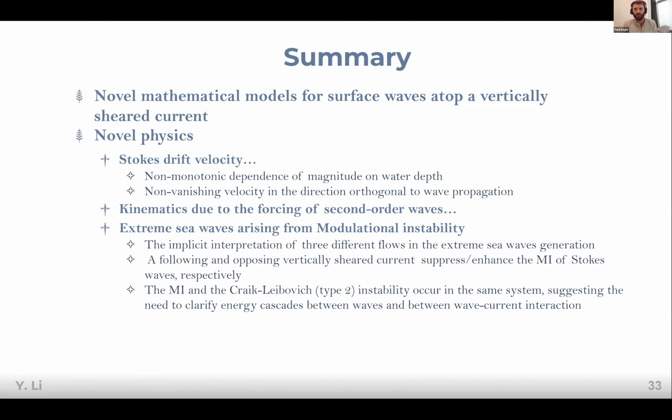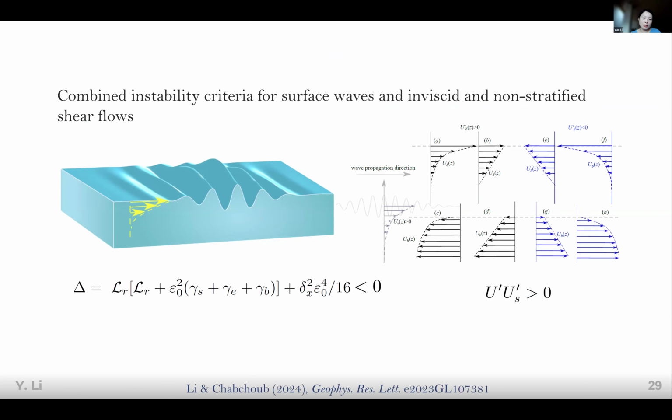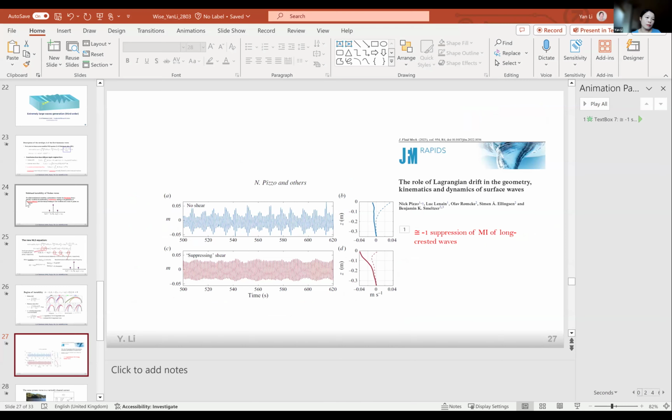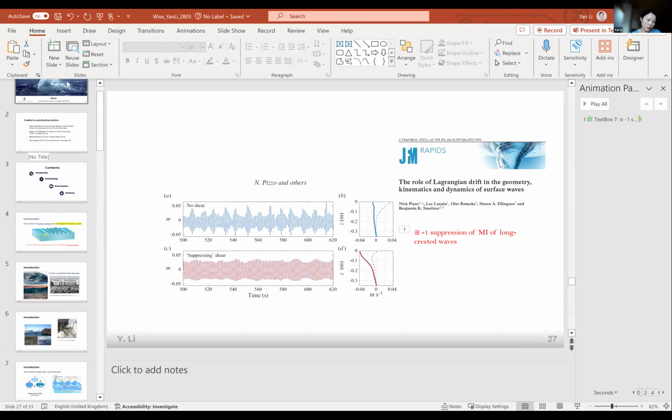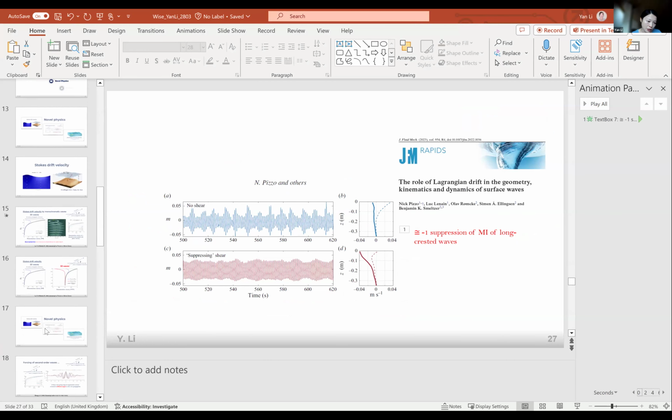But how does this magnitude relate to the magnitude of the Stokes drift at the surface? I'm more interested in the relative magnitude. Everything was plotted in a non-dimensional manner.